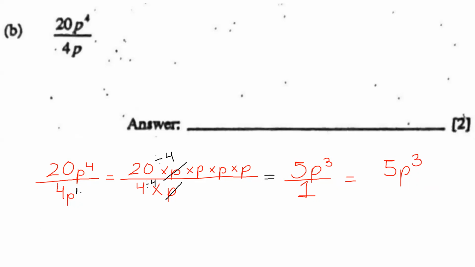So this is 4 minus 1, which is 3. Okay, that's how we could get it. Or we could list out our working just like this. So the answer is again 5p to the power of 3. All right, moving right along. Let's move on to the next question.